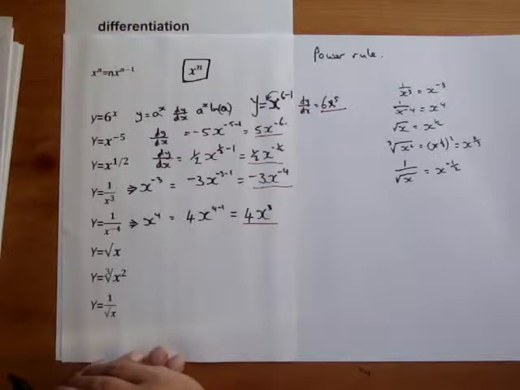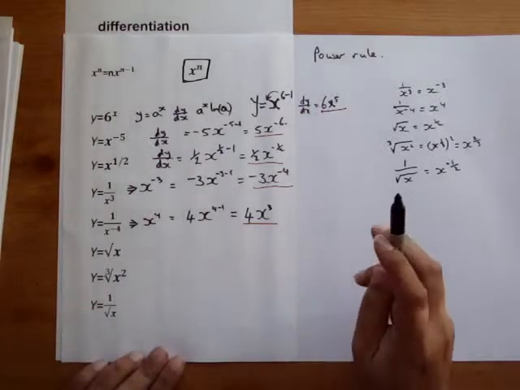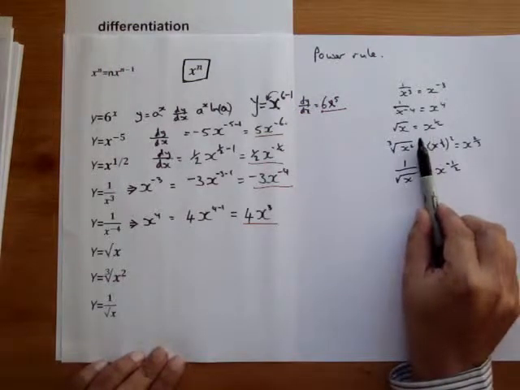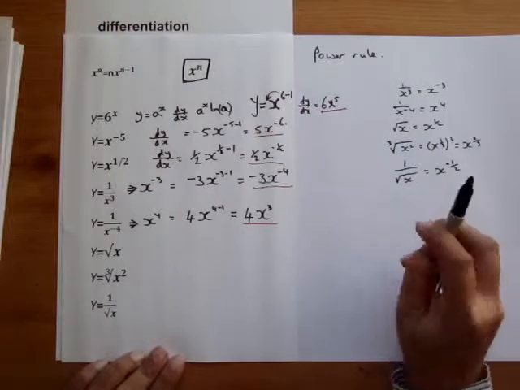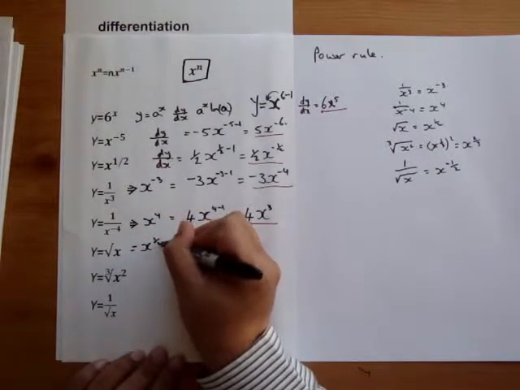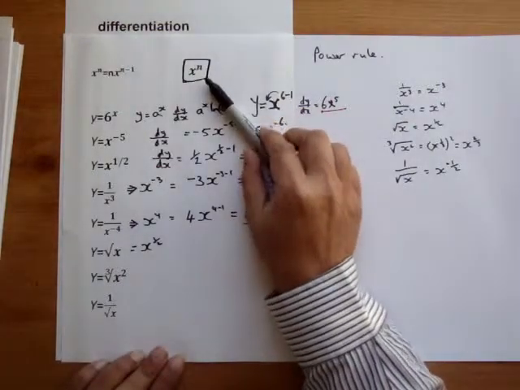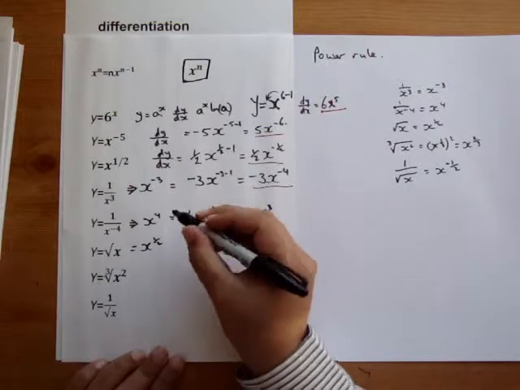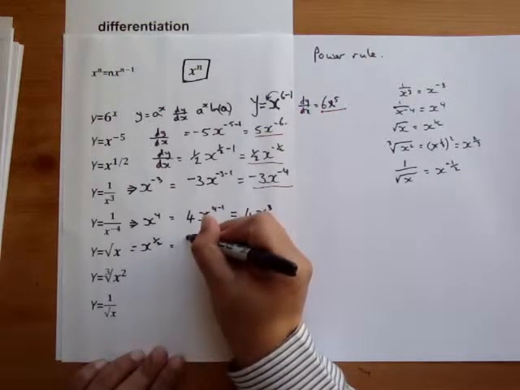Y equals square root of x. So rules of indices, square root of x is x to the power half. Does x to the power half look like this? X to the power n? Yes it does. So we can apply the power rule. Bring the half down.